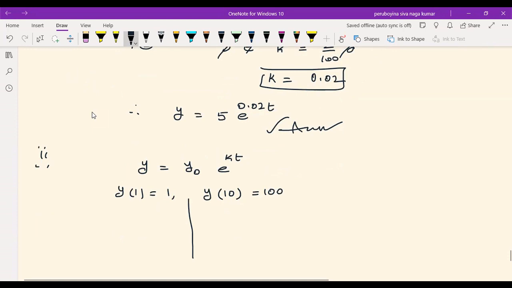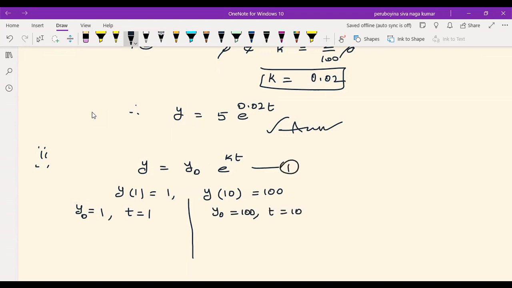Now I am going to substitute these two values. Here, if you observe this value, t value is 1, and here in this situation, y is 100 at t value 10.